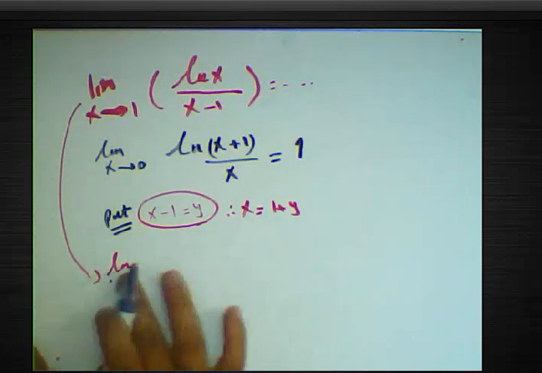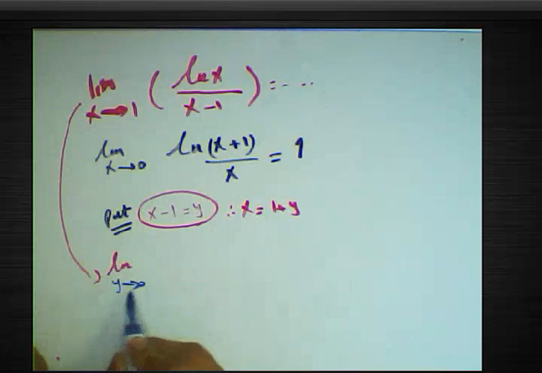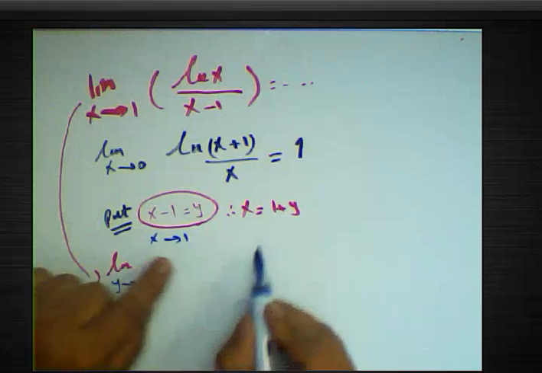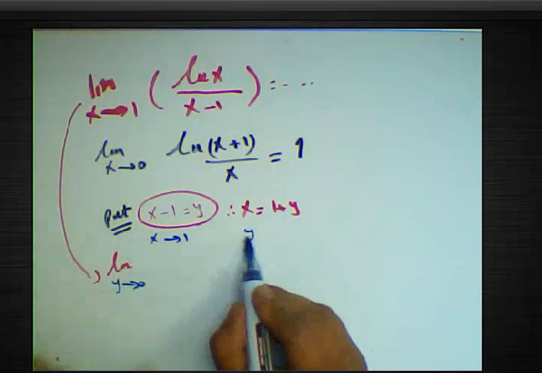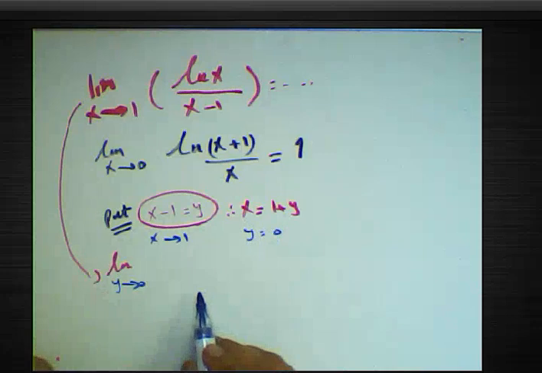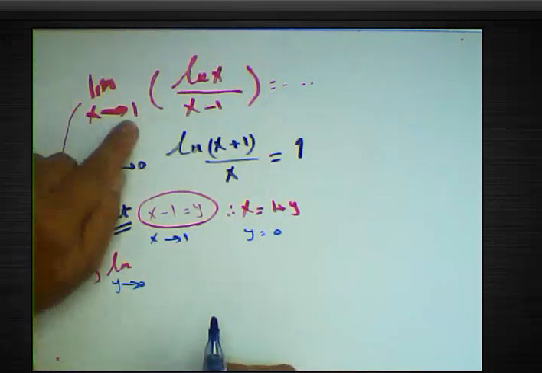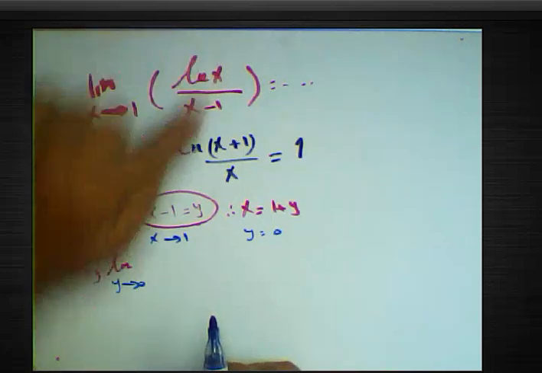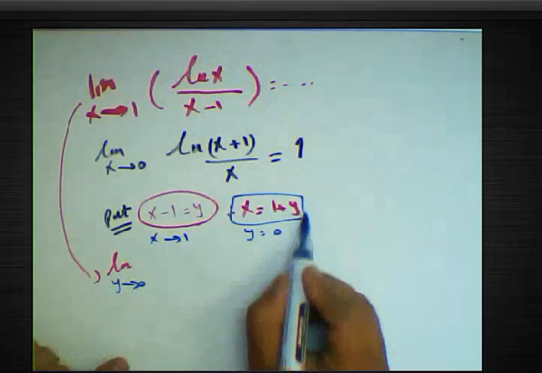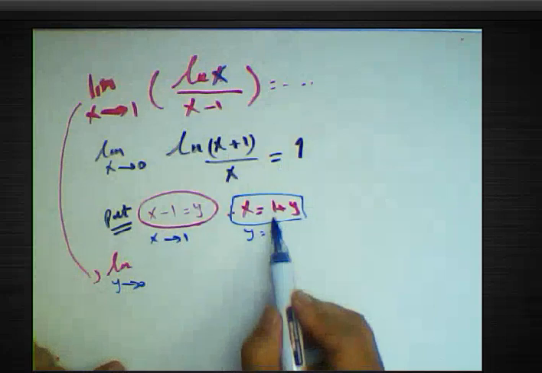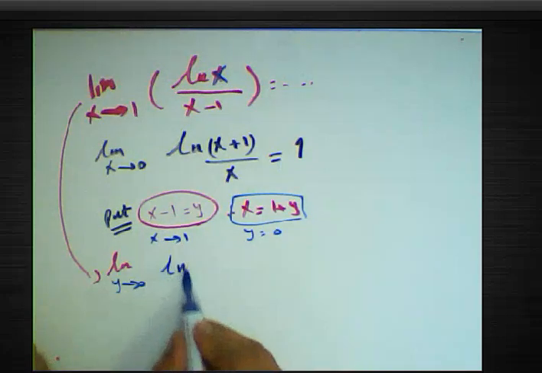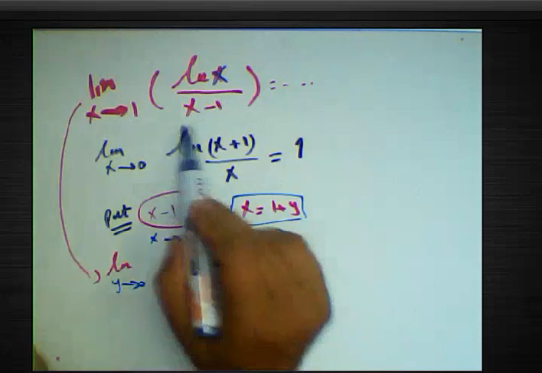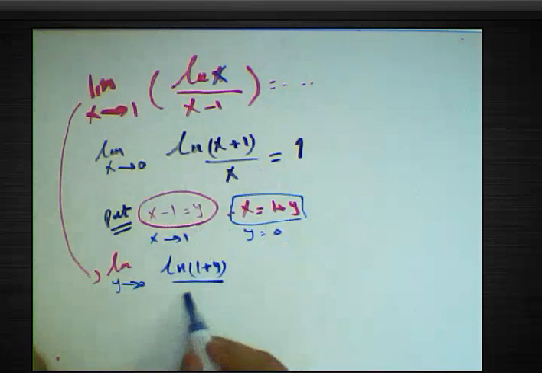Put x equal 1, then y will equal 0. Then when x approximates to 1, y will approximate to 0. And in this function, cancel x and write 1 plus y. Then ln 1 plus y over x minus 1 equals y.